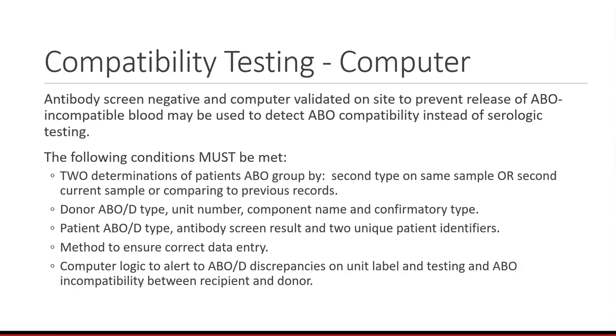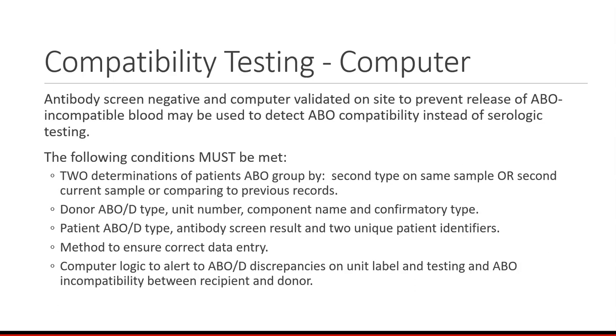Believe you me, I was participating in the validation of our blood bank computer to validate all types of testing. A lot of work goes into it because we, as blood bankers, are the least trustworthy people you'll ever meet. And everything must be done so that I can go home and sleep at night that this computer is doing its job and not releasing ABO incompatible blood.